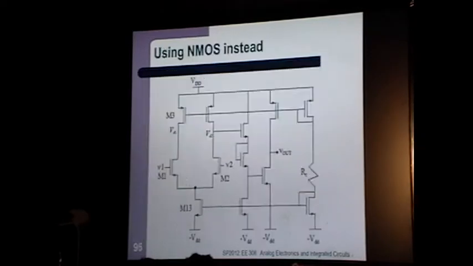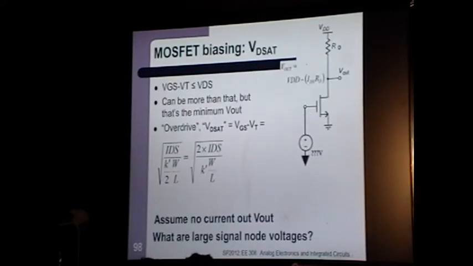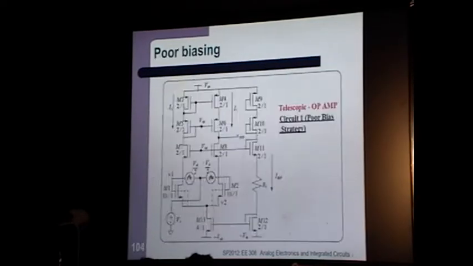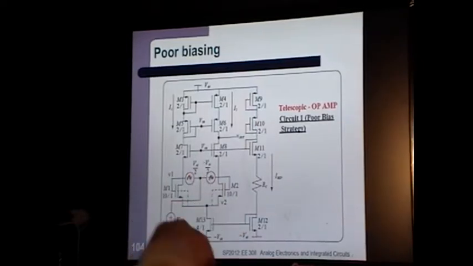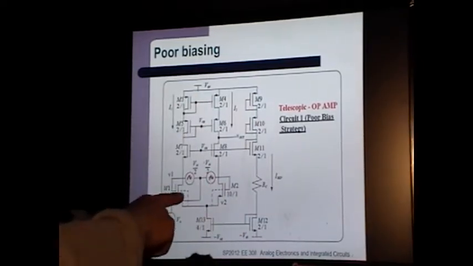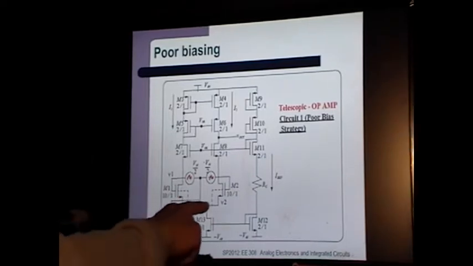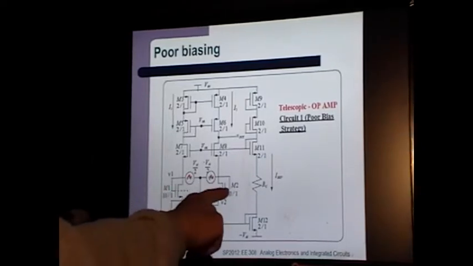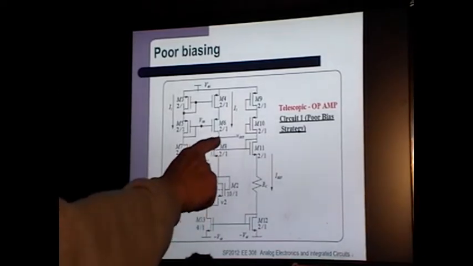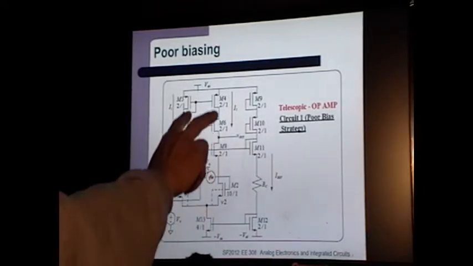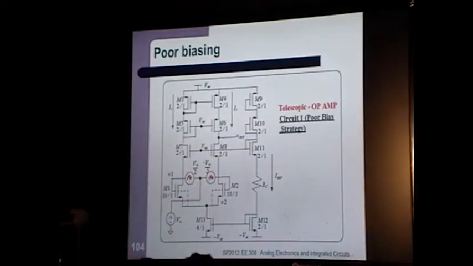So we won't talk about the biasing necessarily, but this right here, if you look at this, you've got your inputs going to these transistors, then you have another transistor on top of it, and then you have V out, and then you have PMOS up above.